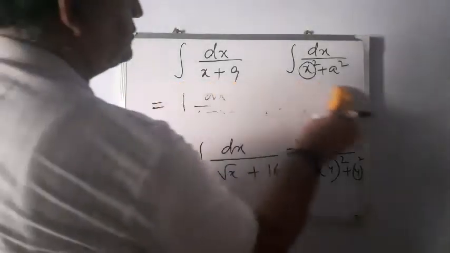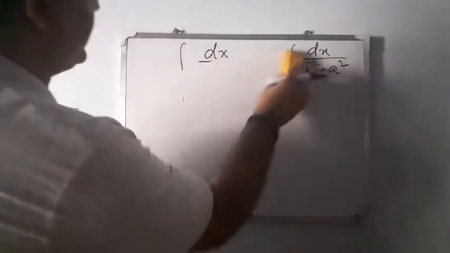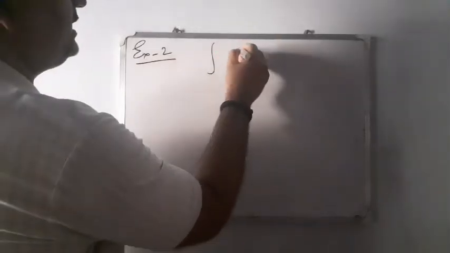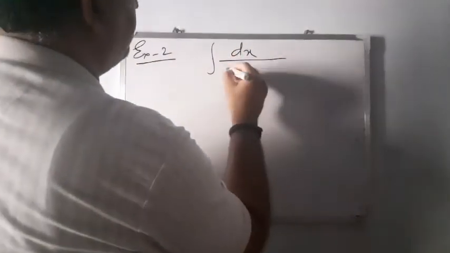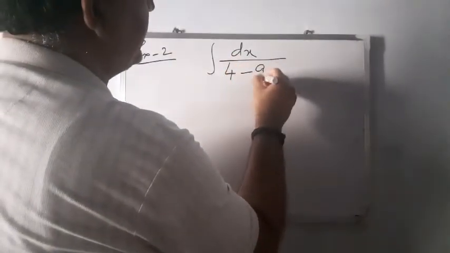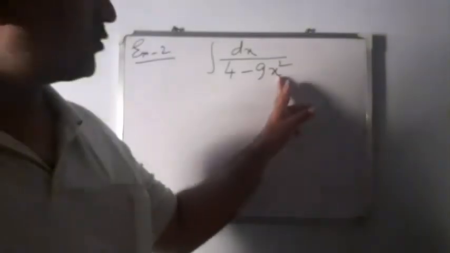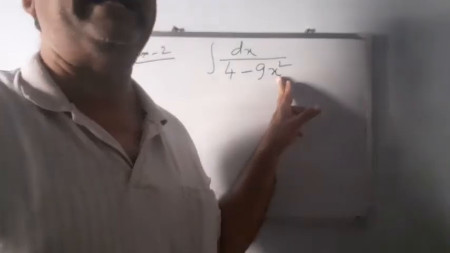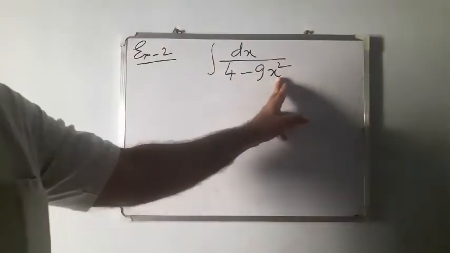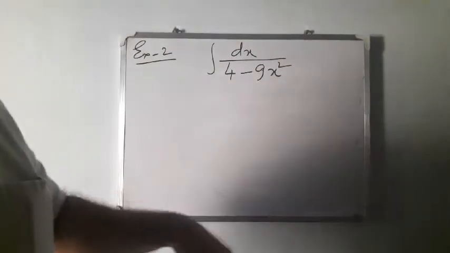Now take one more example. Example number 2: integral dx by 4 minus 9x square. Now one more thing is important here. x square should be free from any constant. Nothing should be there with x square. So what to do?